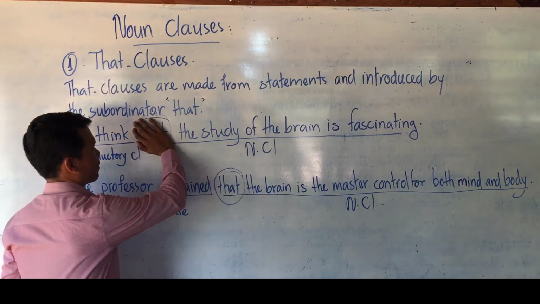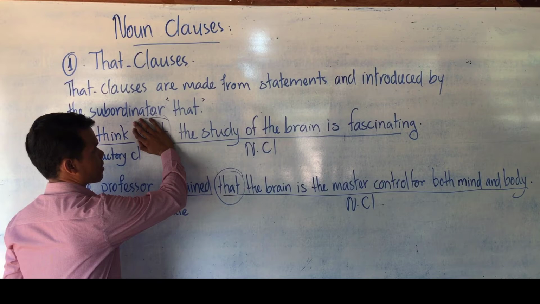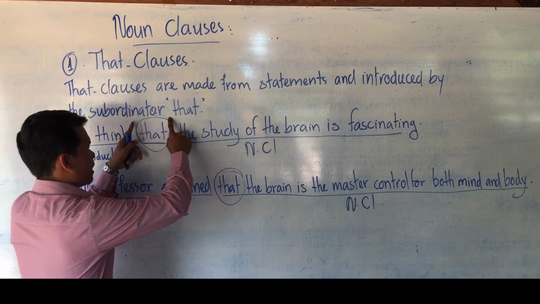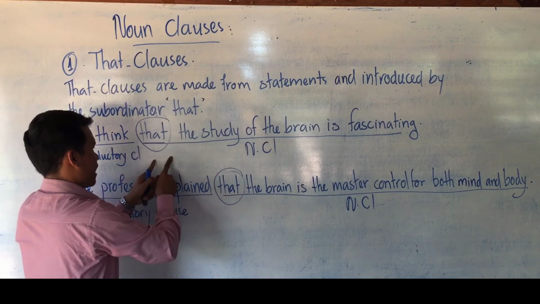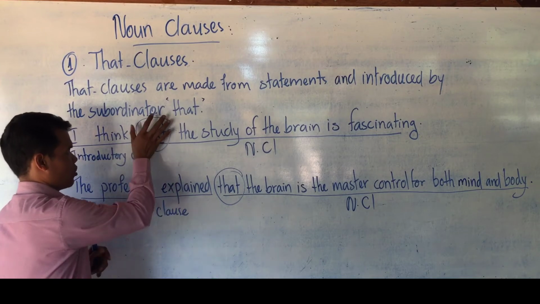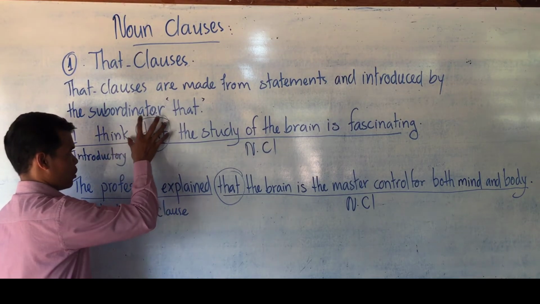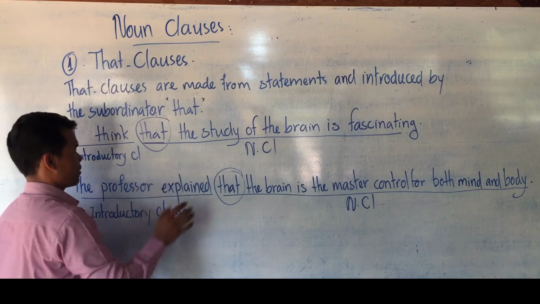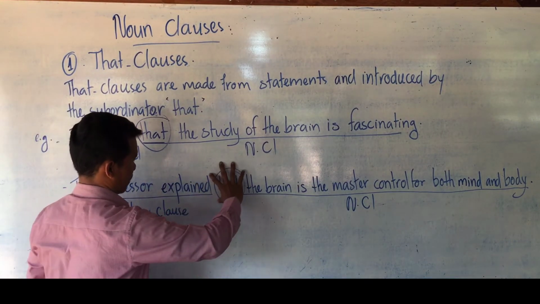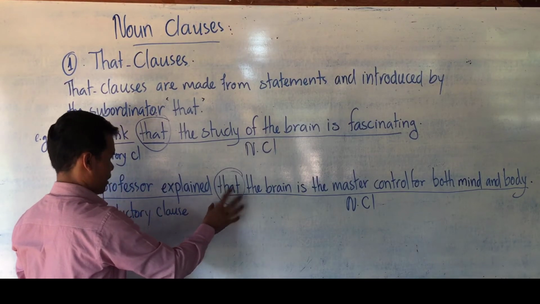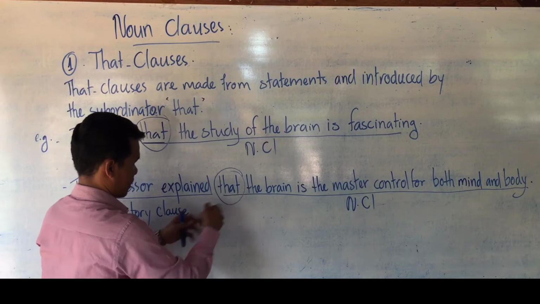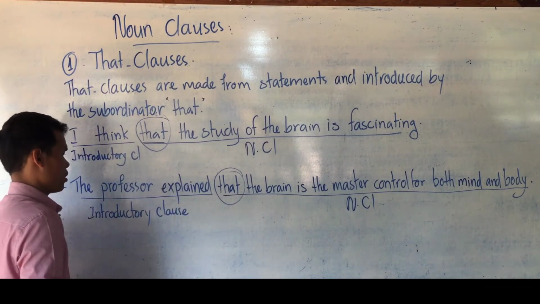You can write, I think the study of the brain is fascinating. So when you understand clearly about noun clauses, you can write brackets like this. It means that it's optional. If you want to write that in here, that's okay. If you do not want to write it and you want to delete it, that's okay. This too. If you want to write it, you can write it like this. If you want to delete it, that's okay. That is not really important in this noun clause position.